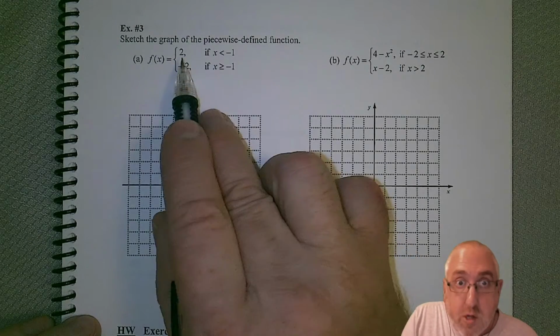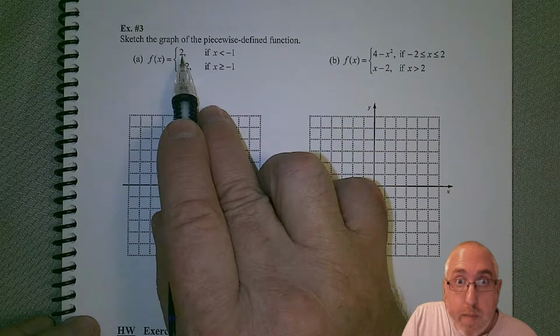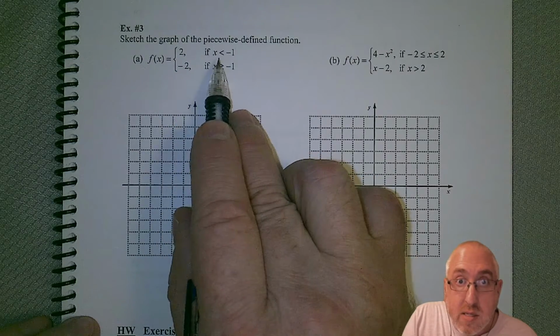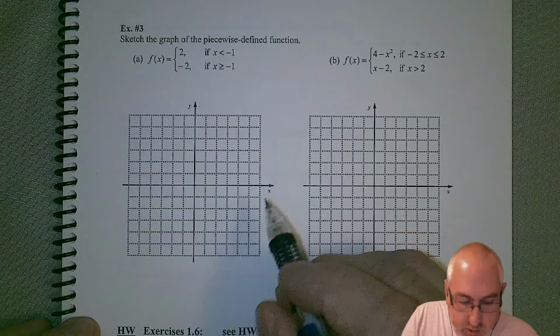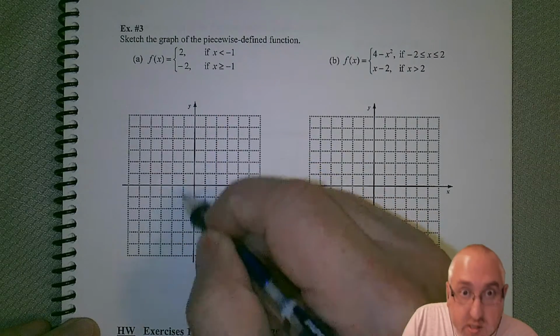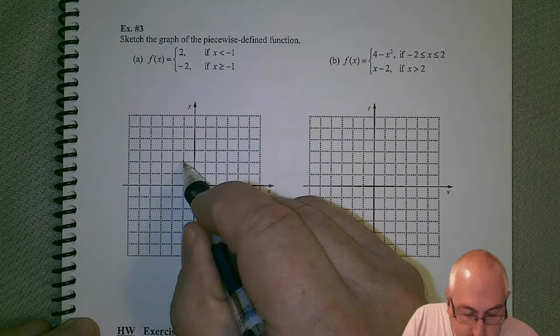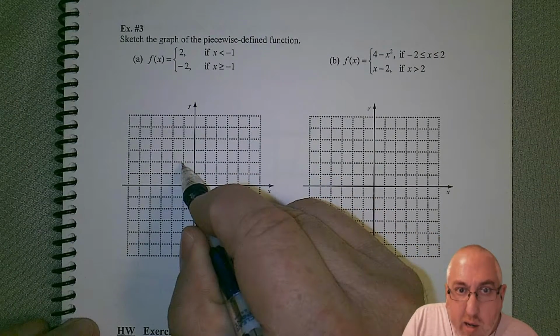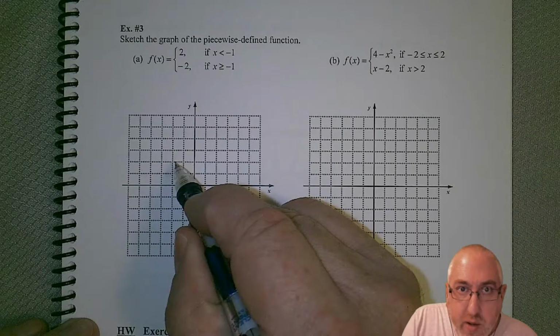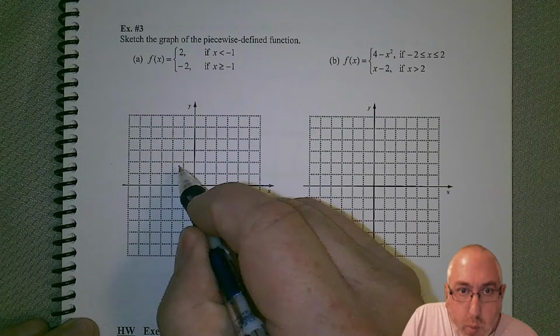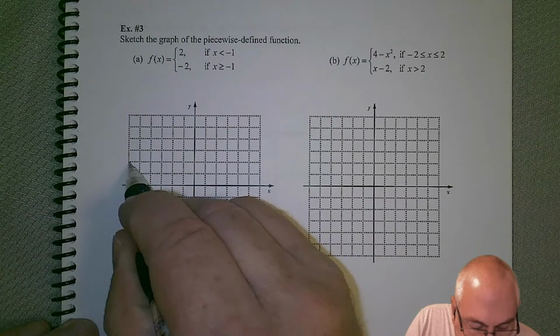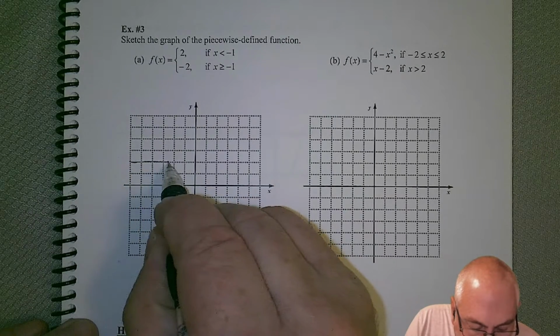So the first branch looks like 2, but only when x is less than -1. So at -1 is where there's a change. So at -1, let's not start exactly there. Let's work our way from left to right. So we know that it's a constant 2 all the way through here.